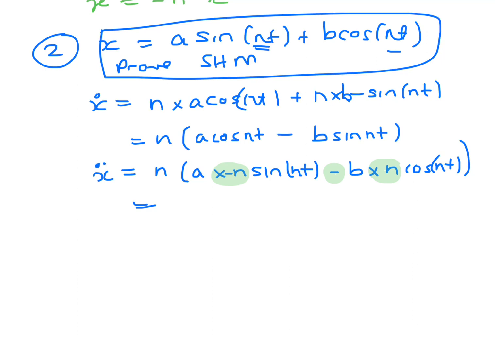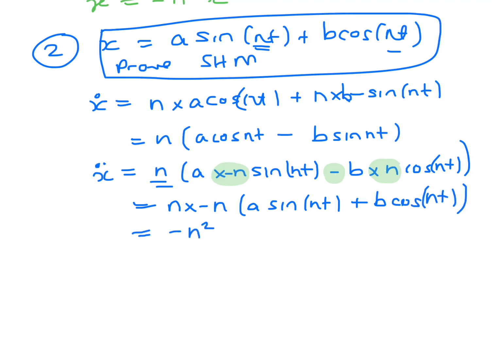I'm going to take that out the front. So when I take that out front, I've got that n plus a minus n. You get a sine nt left, plus, because I took the minus out, b cos nt. So that's minus n squared, a sine nt plus b cos nt.